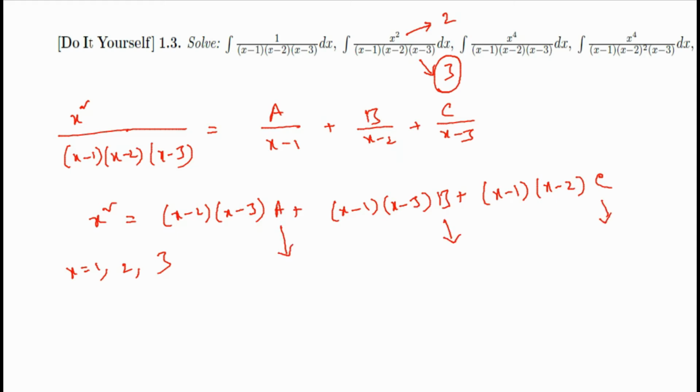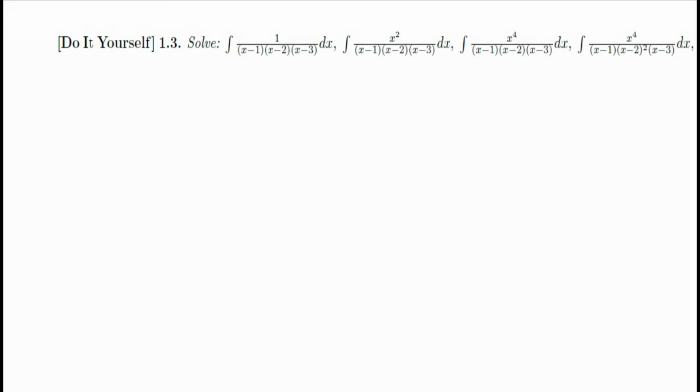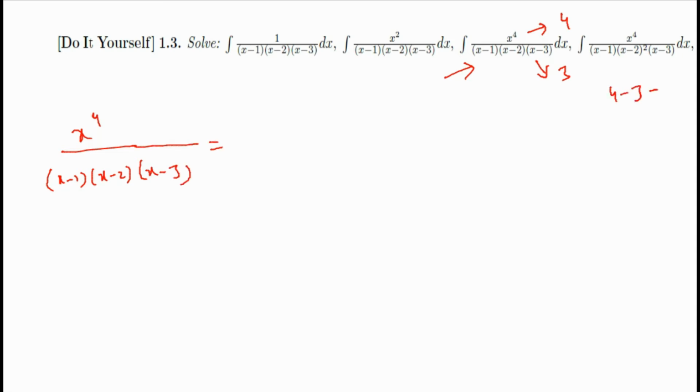Now for the next one, here it is x power 4 by (x minus 1)(x minus 2)(x minus 3). Here, as you can see, the numerator has degree 4 and the denominator has degree 3. So in that case we can write x power 4 over (x minus 1)(x minus 2)(x minus 3), and here the difference is only 1 degree, 4 minus 3, that means 1.